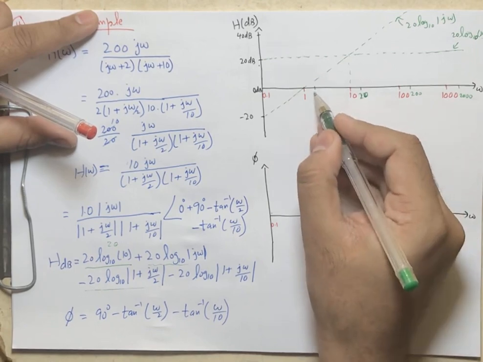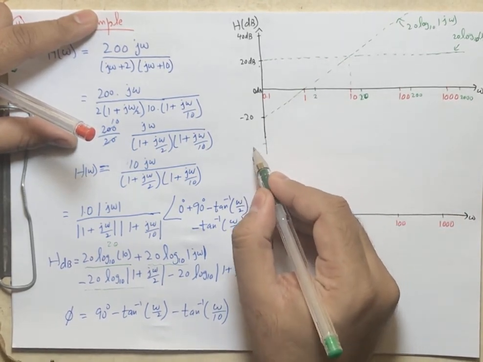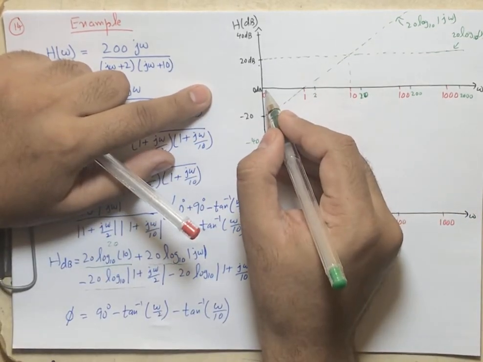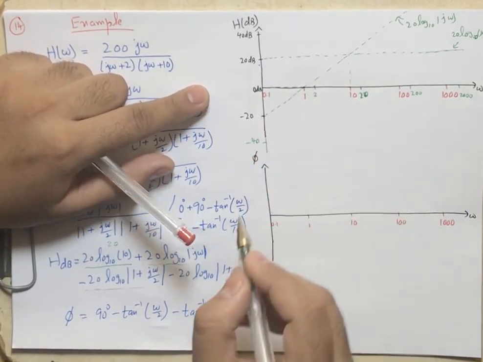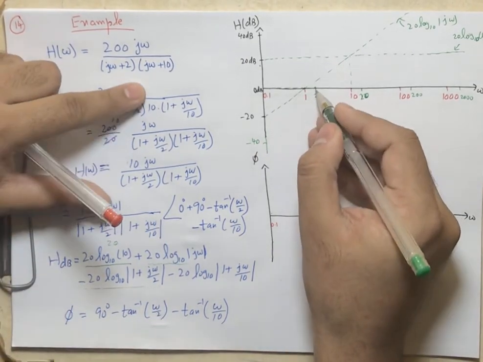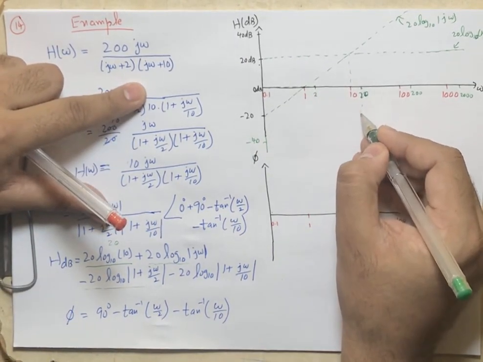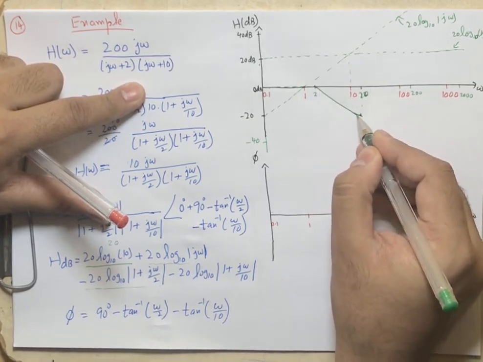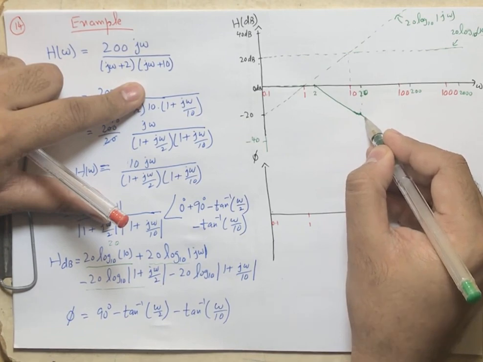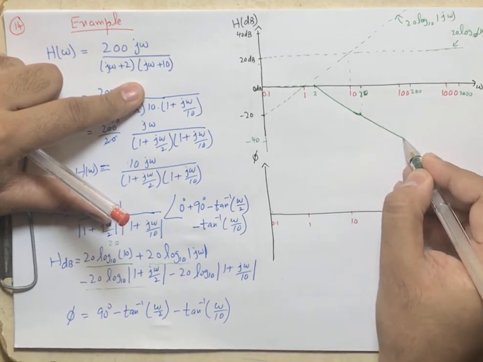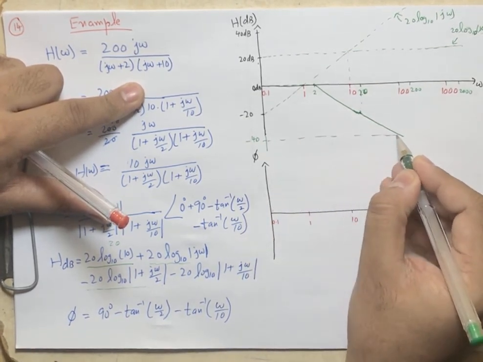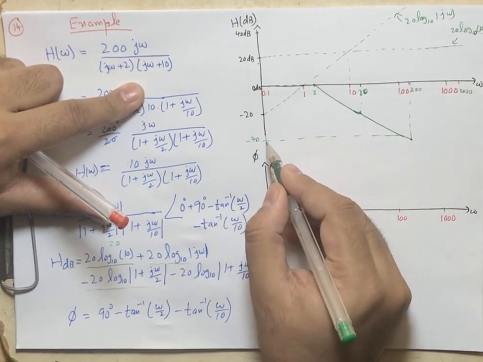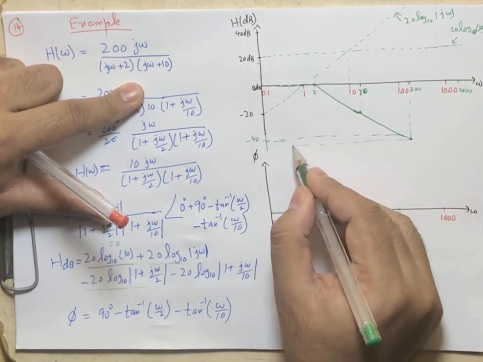So it will remain 0 until 2, and from 2 till 20 it is minus 20 dB per decade, and it will keep on decreasing, and at 200 it will reach minus 40 dB.